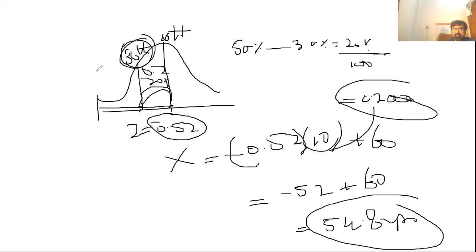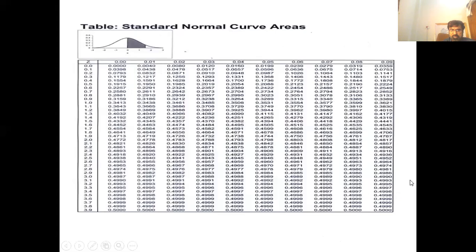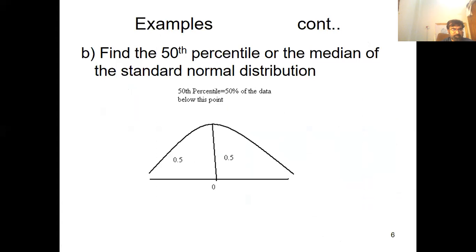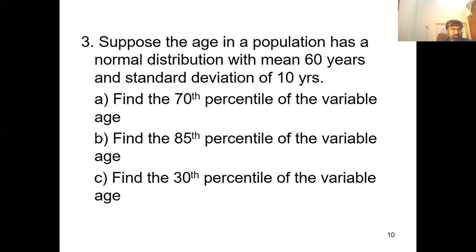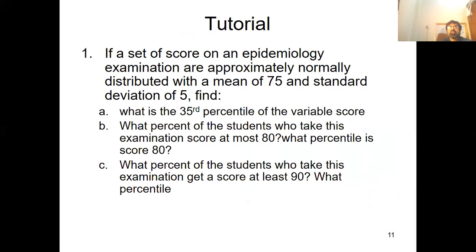Now move on further to make your concepts clear about the normal, the percentile and the normal distribution. If a set of scores on an epidemiology examination are approximately normally distributed with a mean of 75 and a standard deviation of 5, what is the 35th percentile of the variable score? What percent of the students who take this examination score at most 80, and what percentile is score 80?